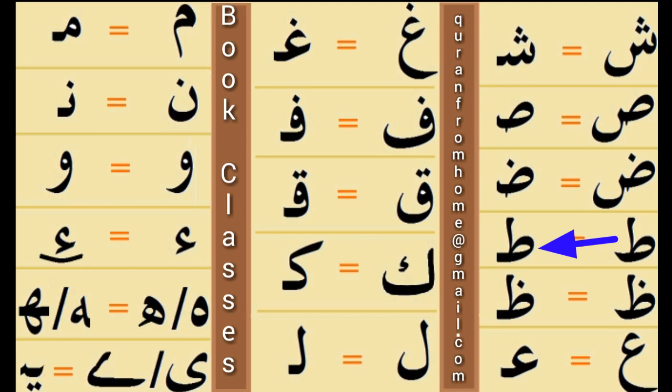It's almost the same as a normal ta. And this is a small za. This is what a small ayn looks like. This is a small ghain.